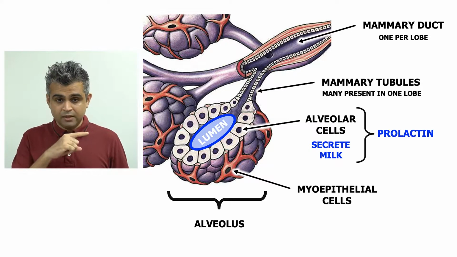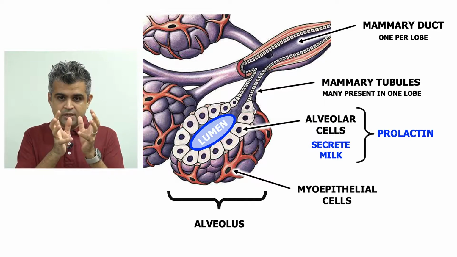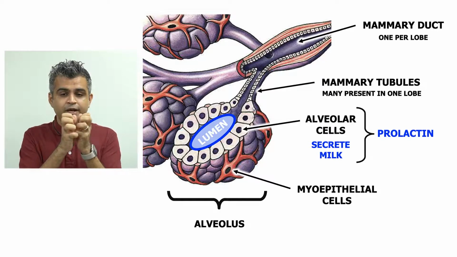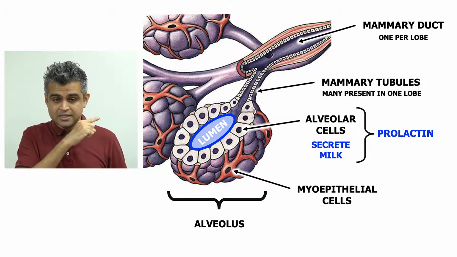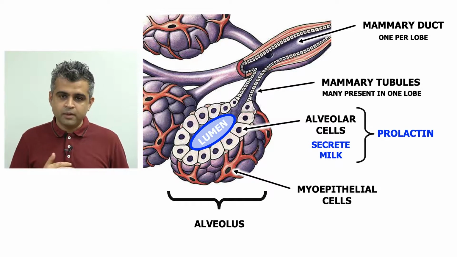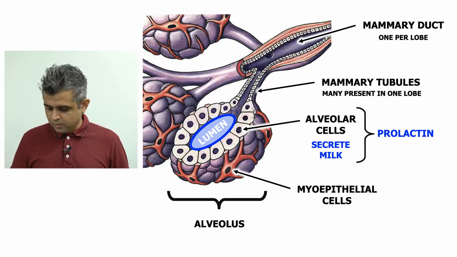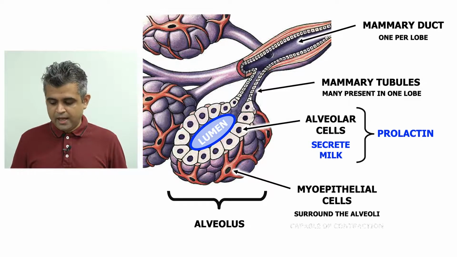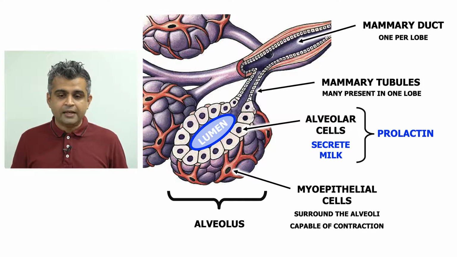So the pinkish cell which is surrounding the alveolus is capable of contraction. If this pinkish cell can contract, then the alveolus will squeeze, and if the alveolus squeezes, whatever is within the lumen will get pushed. So the myoepithelial cells surround the alveoli and are capable of contraction, and if they contract, whatever is in the lumen will be pushed, and that, dear students, is how milk is pushed out from the breast.